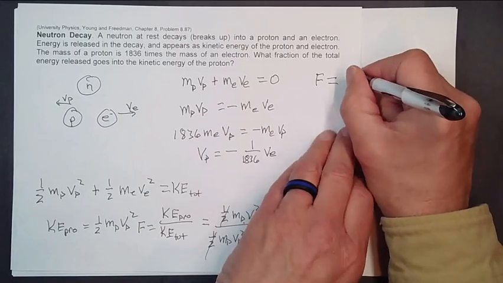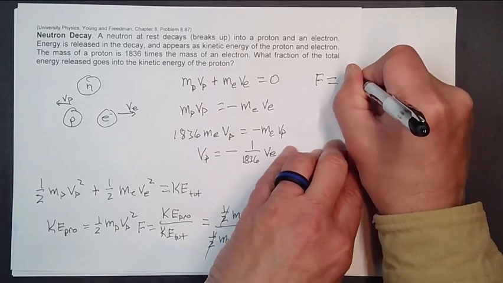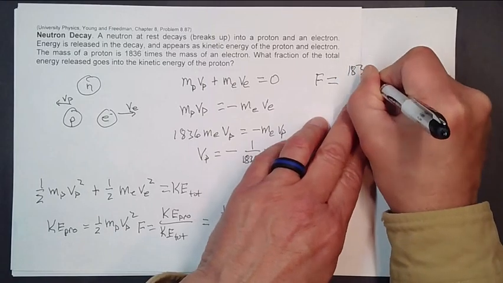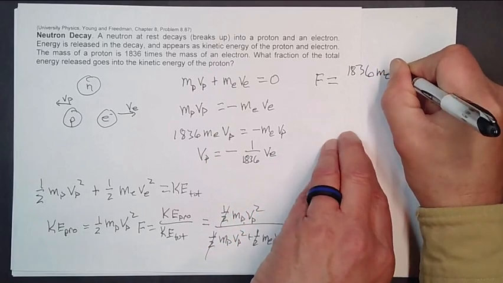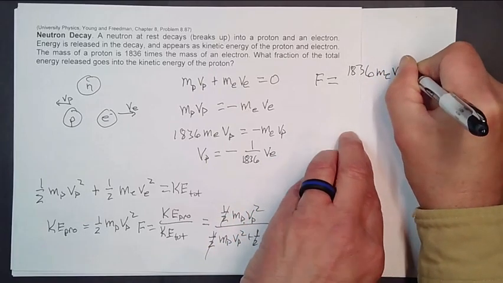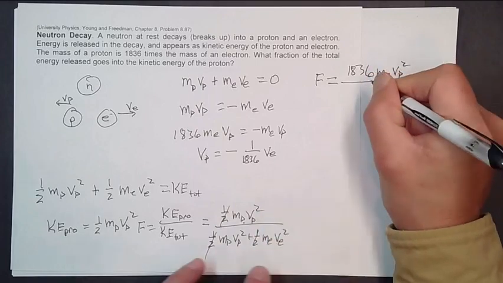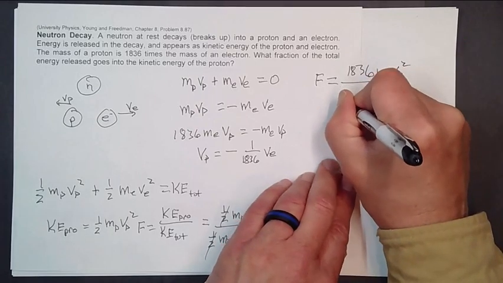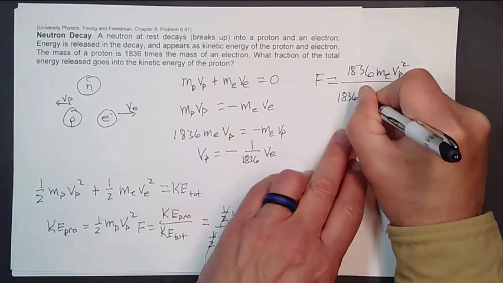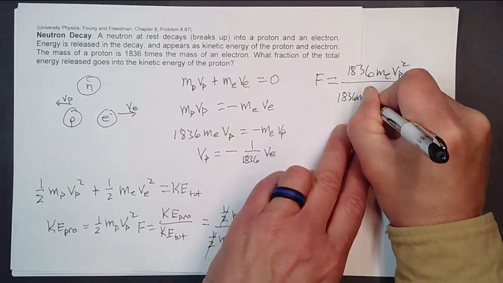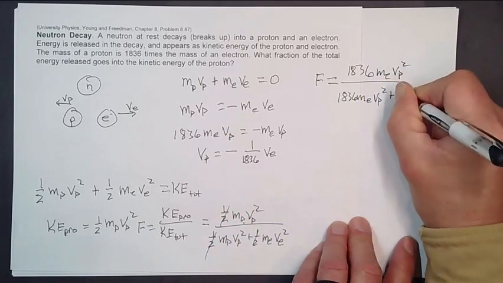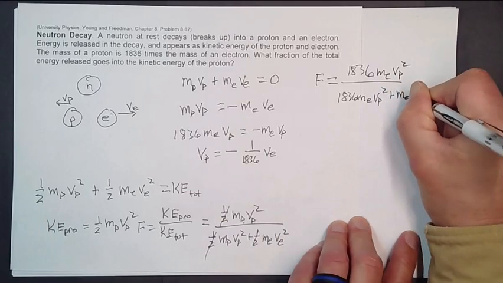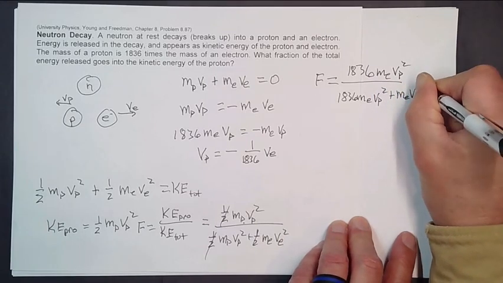So I'll have 1836 mass of the electron times the velocity of the proton squared divided by, again, 1836 mass of the electron, velocity of the proton squared, plus the mass of the electron, velocity of the electron squared.